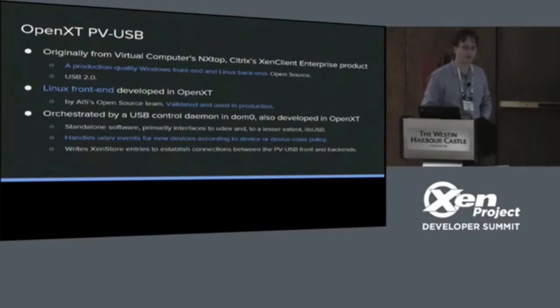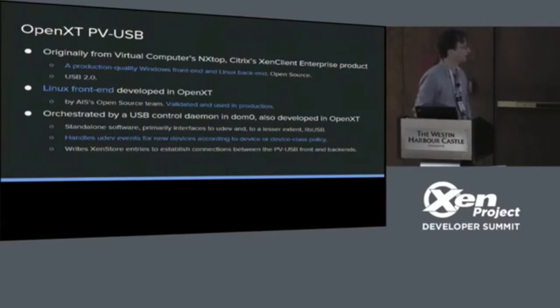It's got both a Windows and Linux front end and a Linux back end. It's been through the rounds of testing and validation of our 6.0 release. So it is at this point, I think, considered, at least by our community, to be suitable for use in production. And so we would like to encourage other people to adopt it.